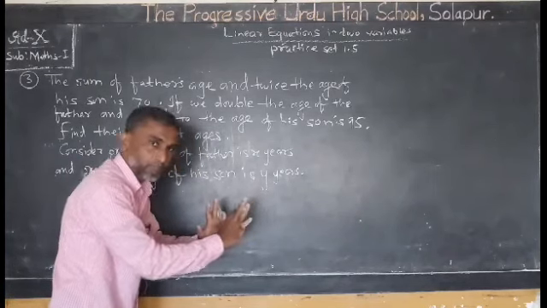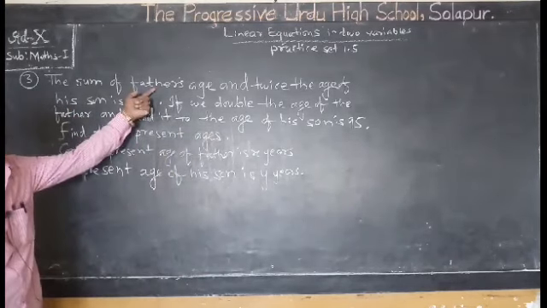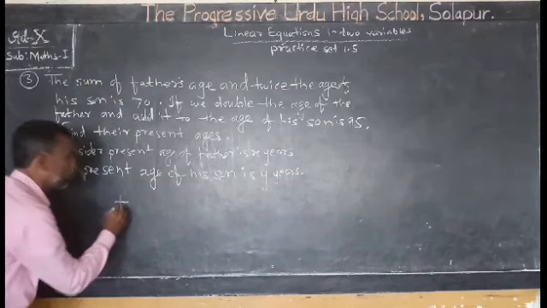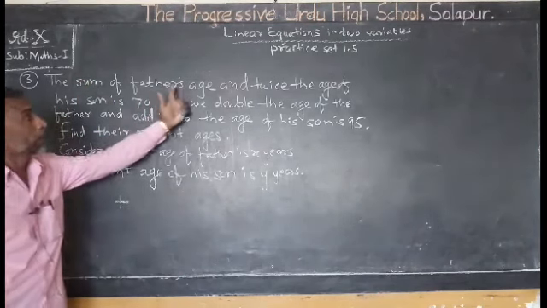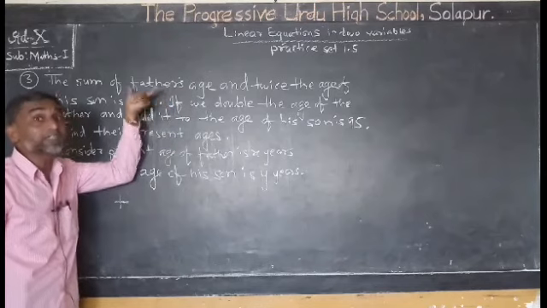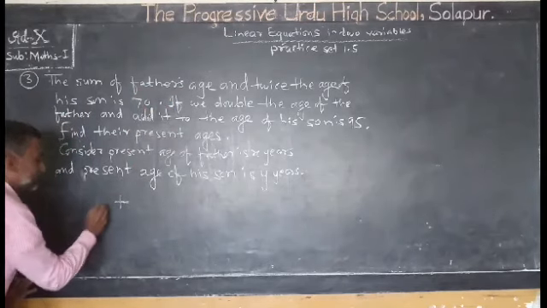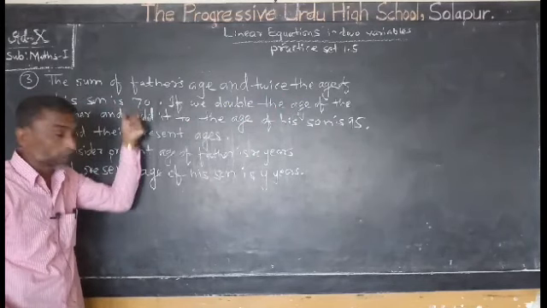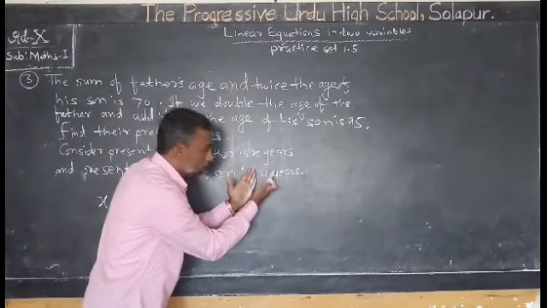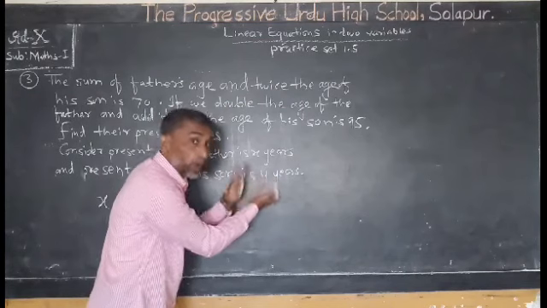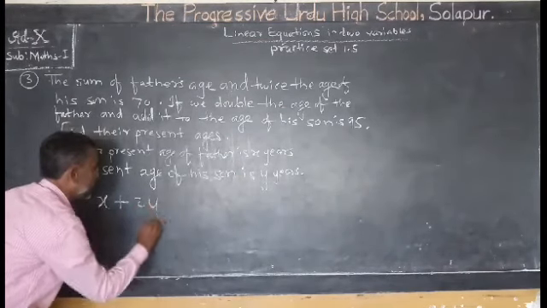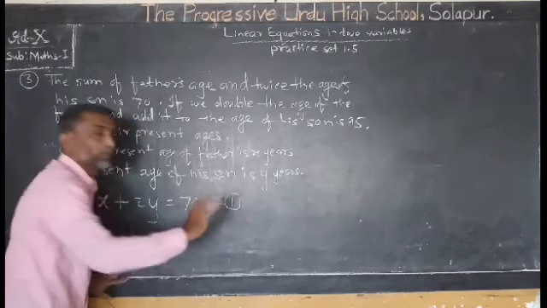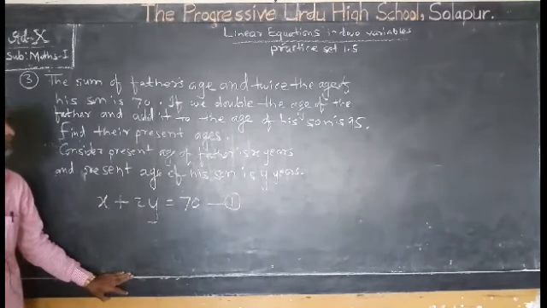According to the given information, the sum of the father's age, that is x, and twice the age of son, 2y, is equal to 70. In this way, the first equation is formed.